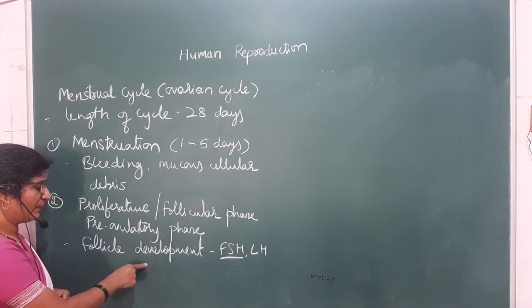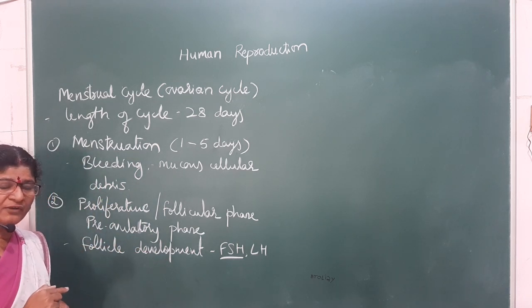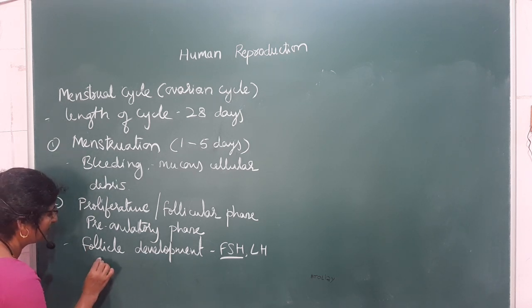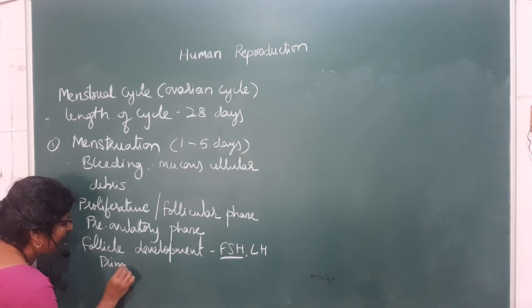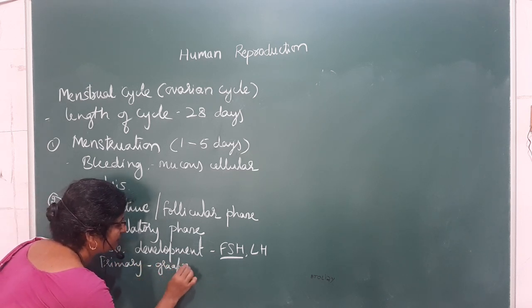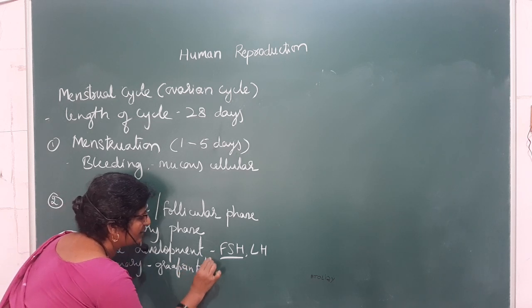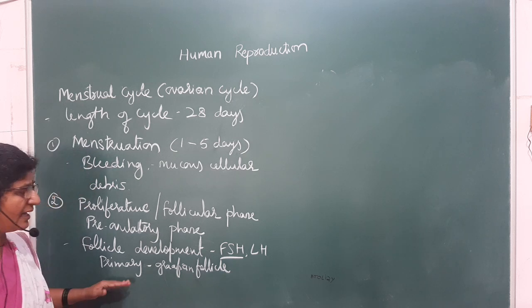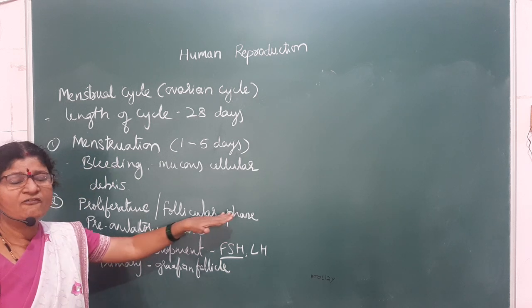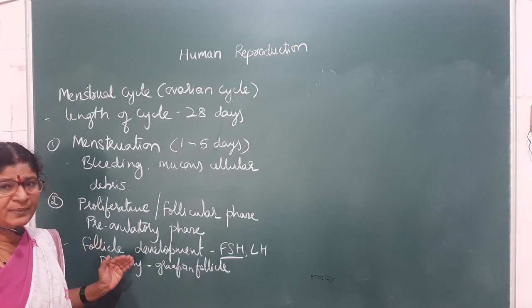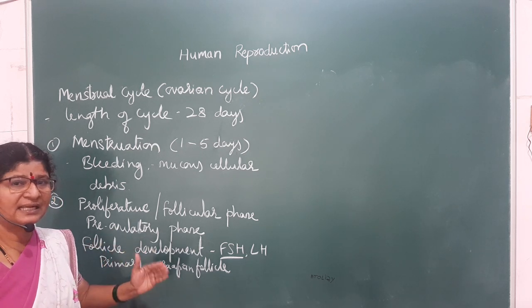So the follicles will be developing from the primary follicle to the Graafian follicle under the influence of FSH. That is why this phase is also called the follicular phase, as the follicles grow: primary, secondary, tertiary, Graafian.